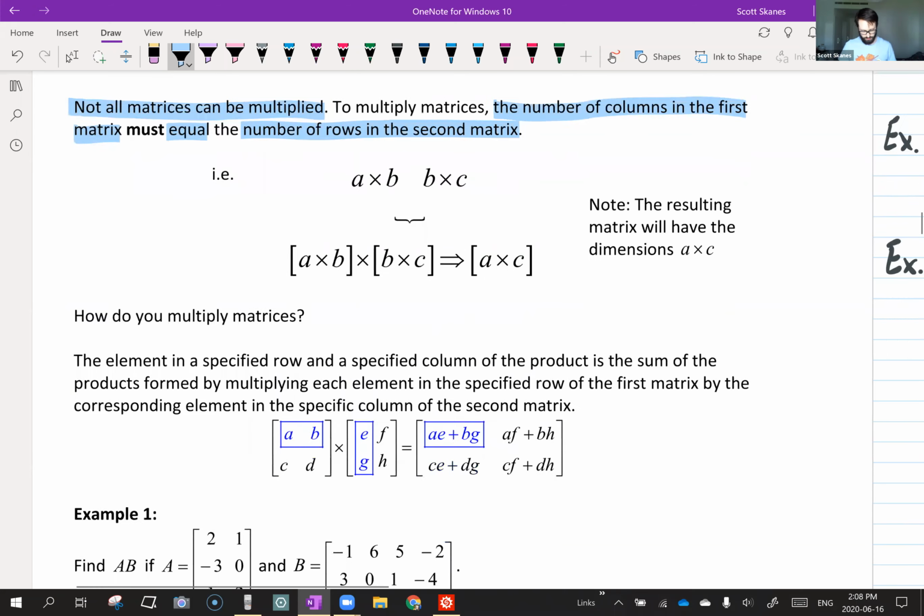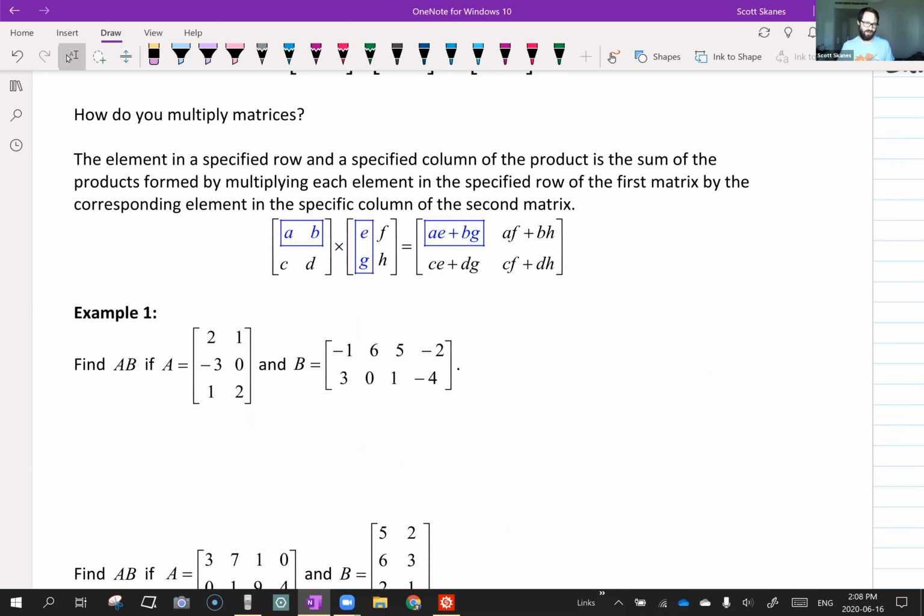Okay, let's do this. How do you multiply them? Well, it tries to tell us based on this weird looking grid here, but let me help you get through it, okay? Let me color code this. It says that if you want to multiply them, you have to take the rows of the first one and multiply them with the columns of the second one.